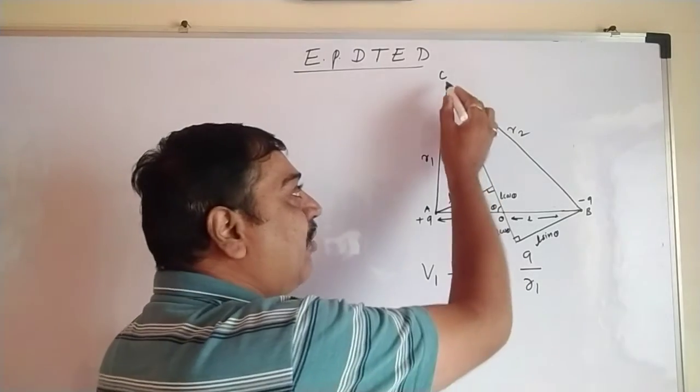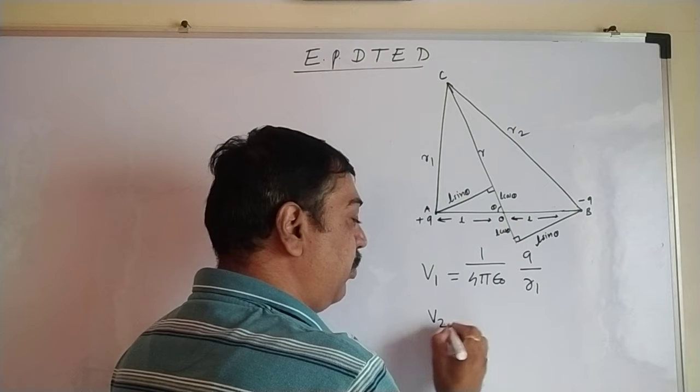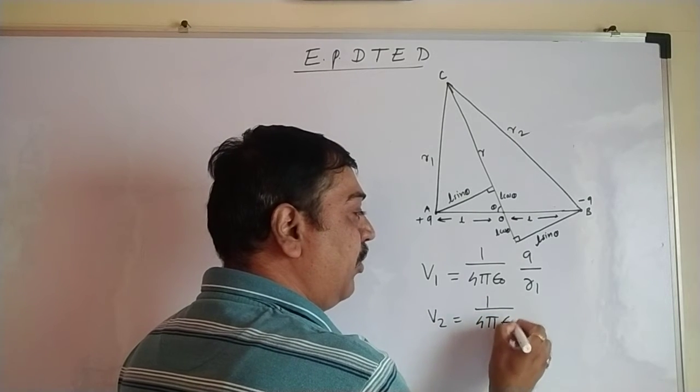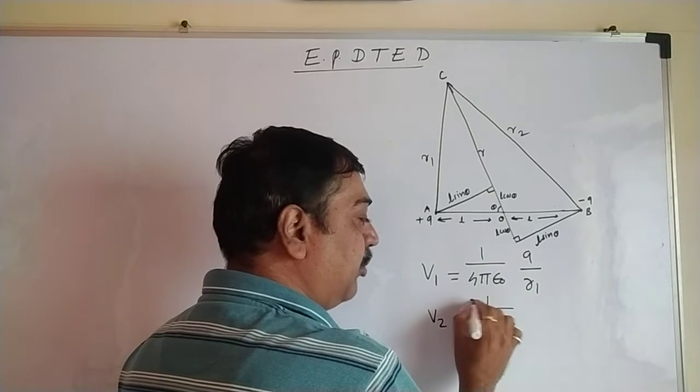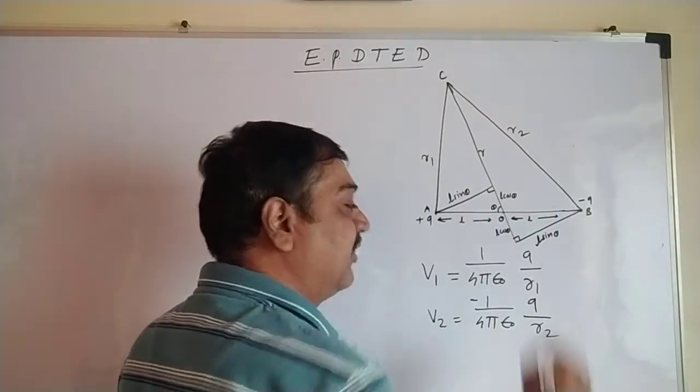Similarly, the electric potential at C due to the charge minus Q is V2, equal to 1 divided by 4 pi epsilon 0, times minus Q divided by R2, as the distance is R2.